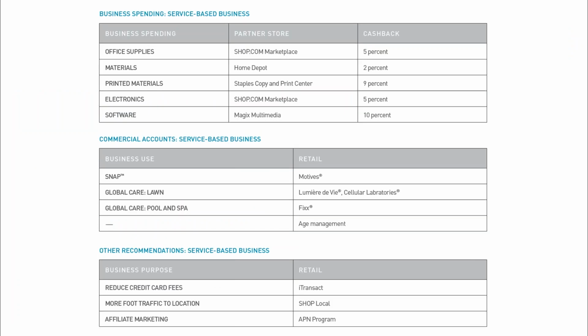In terms of expanding their shop.com spending into other categories, well, they often have office supplies. They might need Home Depot materials. I work with actually a business partner who owns an HVAC company, and he gets a lot of supplies through Home Depot, plumbing fittings and whatnot.